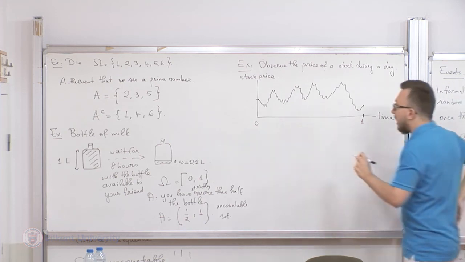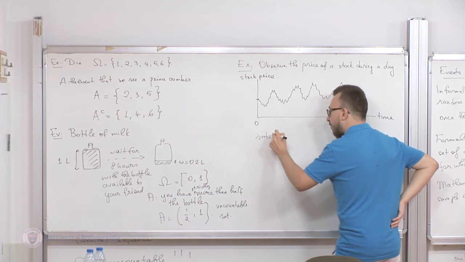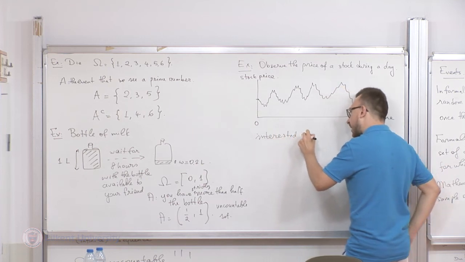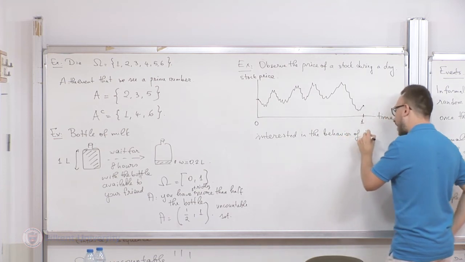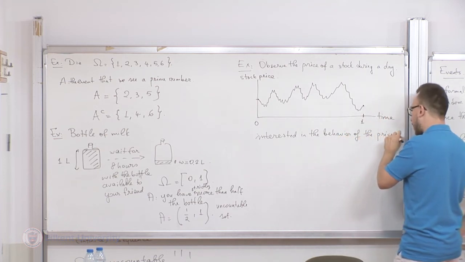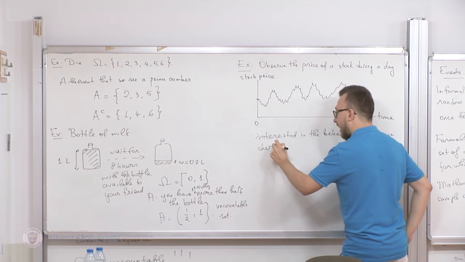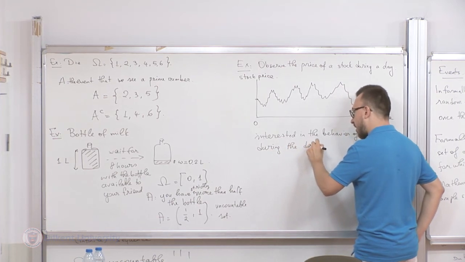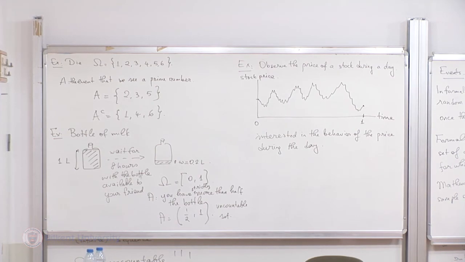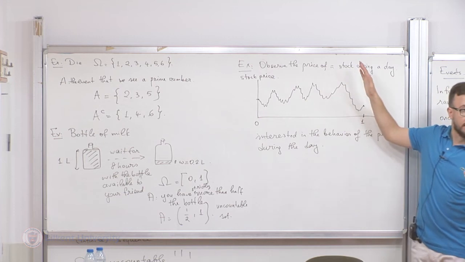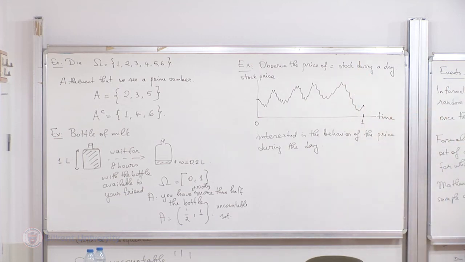If you're interested in the behavior of the price during the day, you shouldn't just look at the final price. You should look at the whole path. Okay? You should look at the whole path.